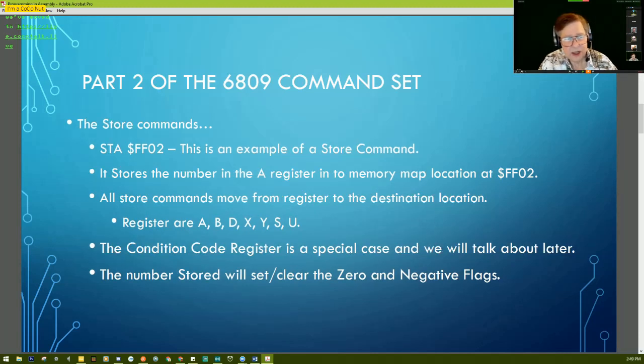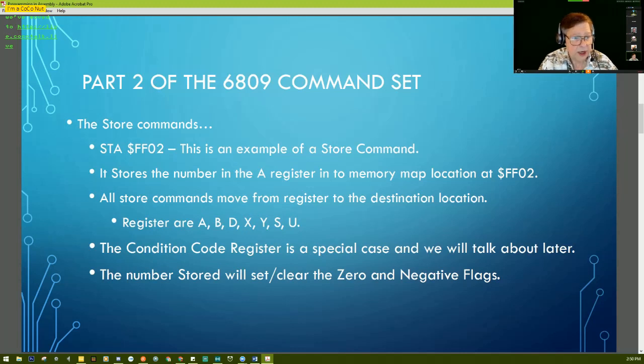Just like you had load, you've got store. You can take the information that's inside the CPU in the registers and store it into a memory location. In a case like store A at FF02, it means take the information that's stored in the A register and put it at memory location FF02, which happens to be an I/O port.